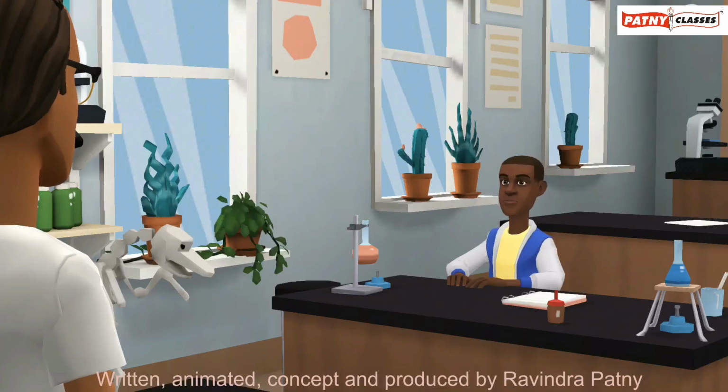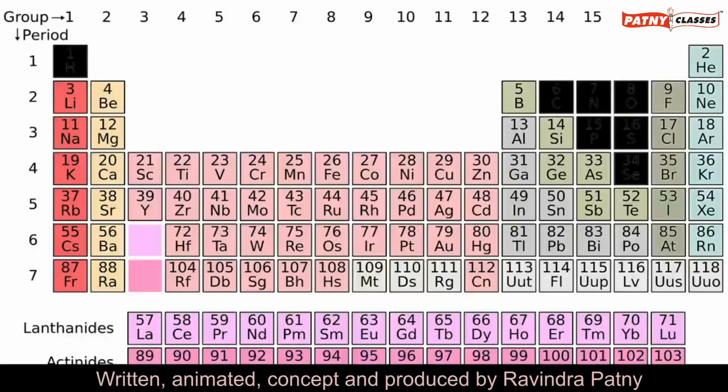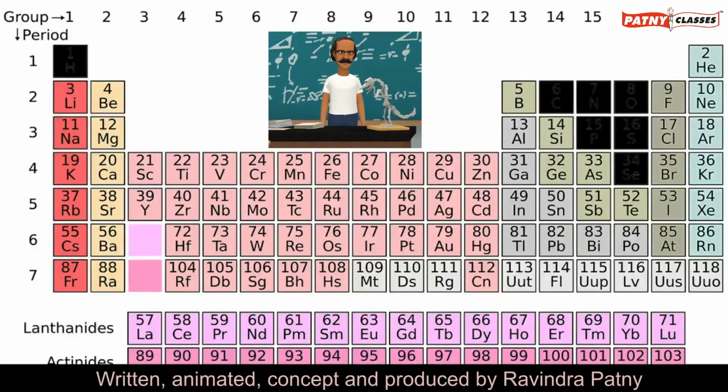Sir, at the beginning you said electric current is nothing but flow of electrons. What exactly is an electron, sir? You see that in nature there are so many elements, named hydrogen, helium, lithium, beryllium, carbon, nitrogen, oxygen, sodium, magnesium, silicon, phosphorus, potassium, calcium.